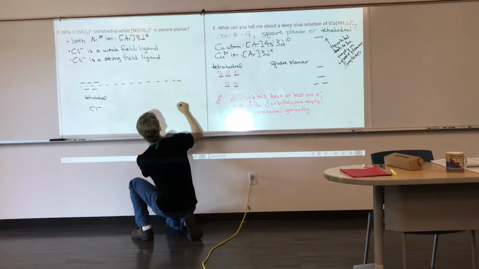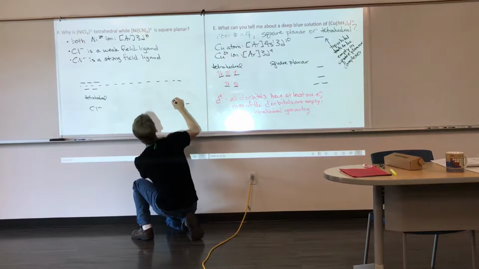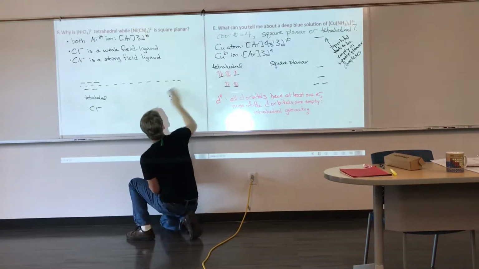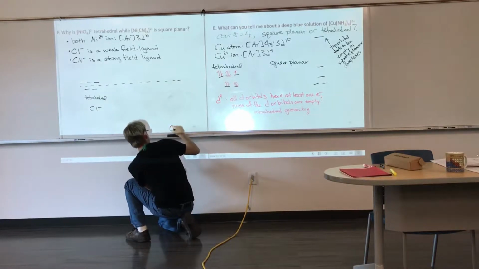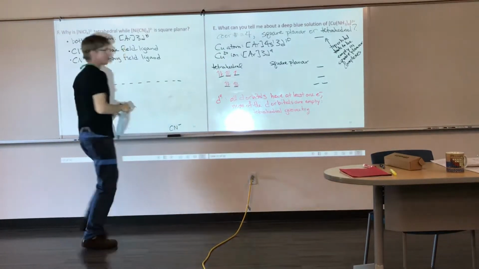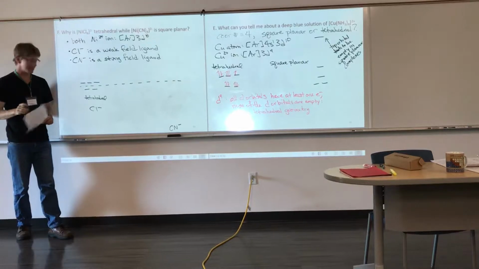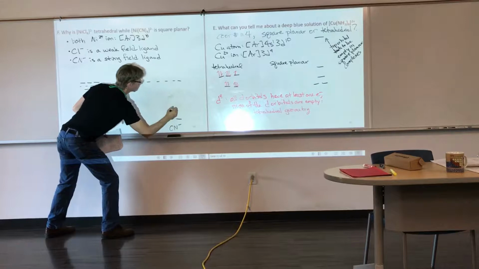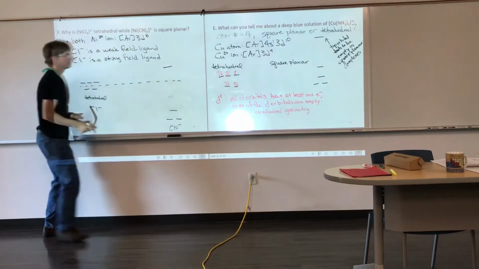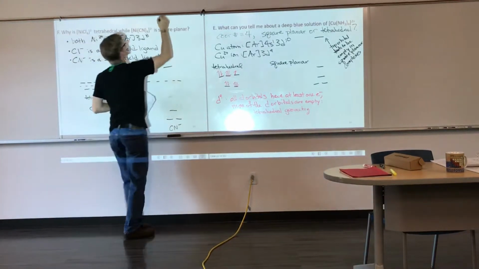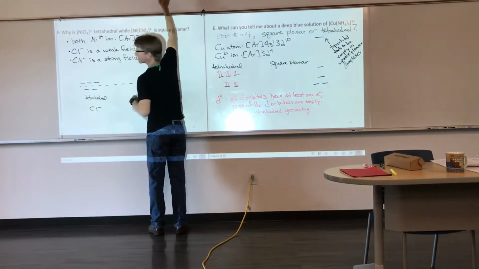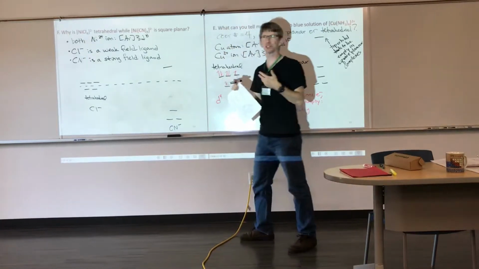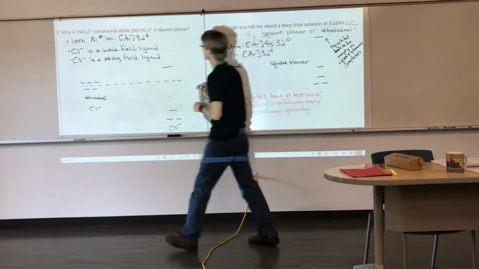And then for my cyanide, for my square planar, no, that's not the board, is it? I used to be able to get away with that when I had chalk and I could write on the walls because I could just erase it.